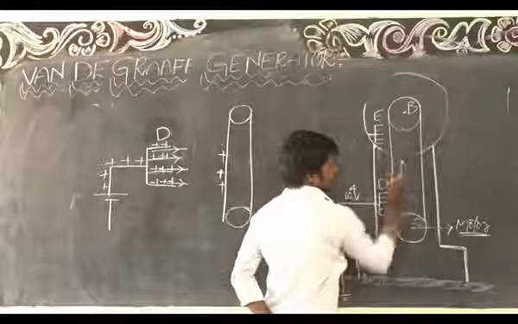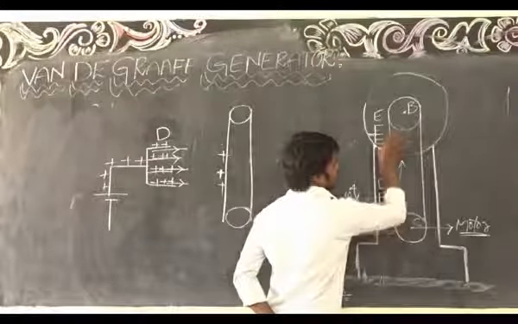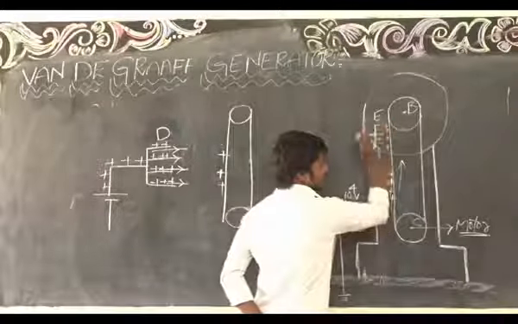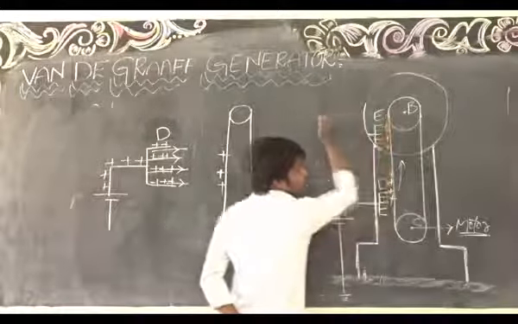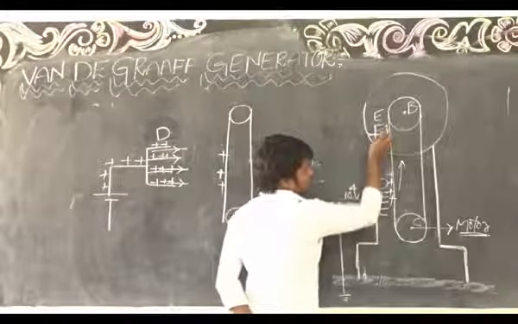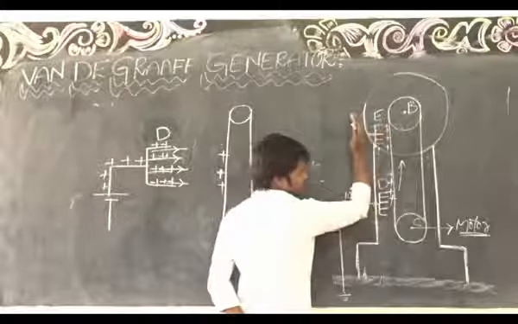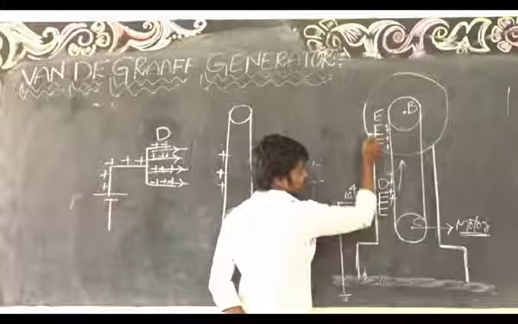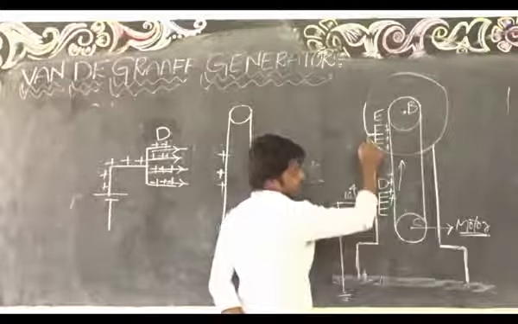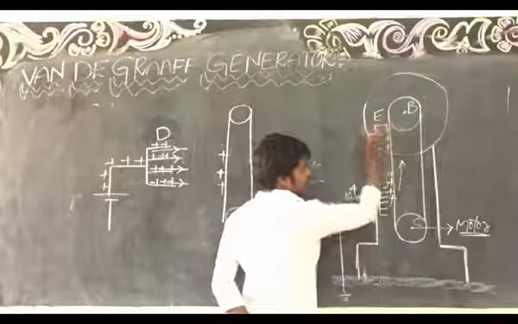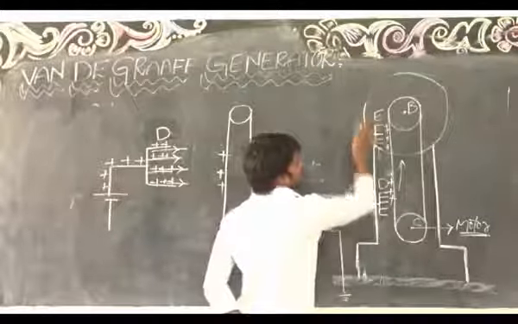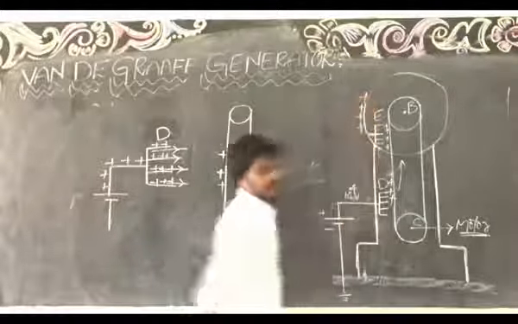Suppose 4 positive charges reach this place near conductor E. This conductor E will absorb these 4 positive charges, and it sends them to the opposite side of the sphere. It is connected inside, so after absorbing the 4 positive charges, the conductor sends them to the opposite side of the sphere, and those 4 charges will reach here.